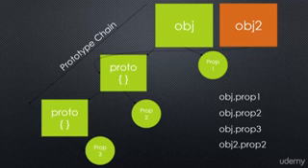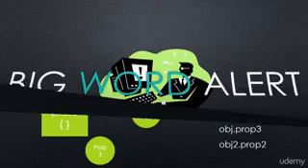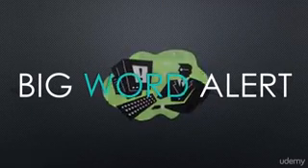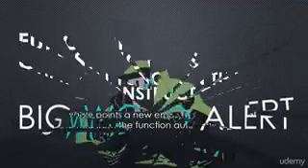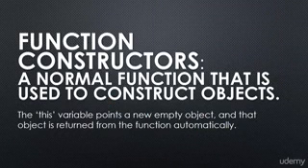And function constructors, well, big word alert. Function constructors. A normal function that is used to construct objects. So we build a function. However, the this keyword that shows up in JavaScript all the time will actually point automatically to a new empty object.